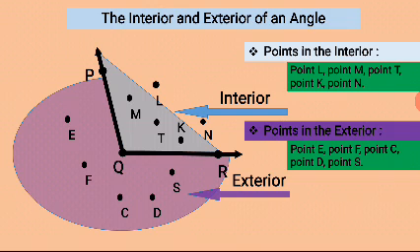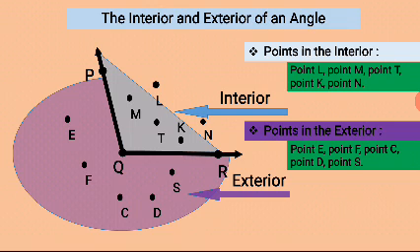These are exterior points. When we draw the figure of an angle, we take two rays starting from a common point, that is called the vertex of the angle. On these arms we draw different points, because we know that a ray is a collection of points.